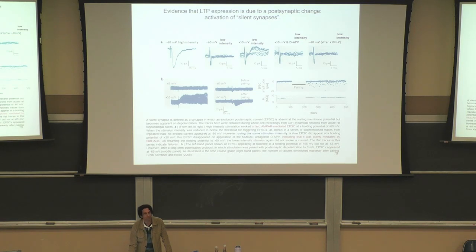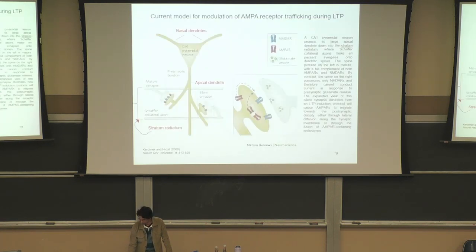Okay. This is a kind of model of how AMPA receptor trafficking could work to unsilence the silent synapse. You have some mature synapses that have both NMDA and AMPA receptors. Then you have some silent synapses that have only NMDA receptors. And after unsilencing, you get AMPA receptors inserted either from vesicles or from lateral diffusion.